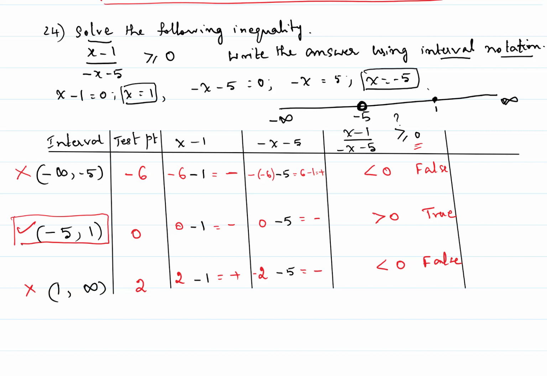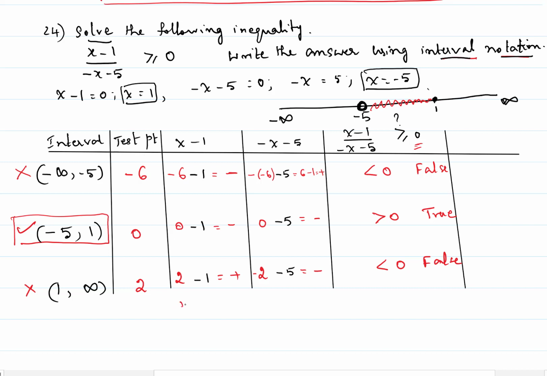Now we have to see how we write this in interval notation, which is what the question is asking. It is negative 5 through 1, but note that negative 5 cannot be part of the solution because it makes the denominator 0, but 1 can be part of the solution set. Even in the graphical form, we put an open hole on negative 5 and a solid dot on 1.